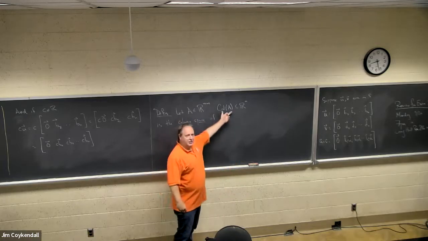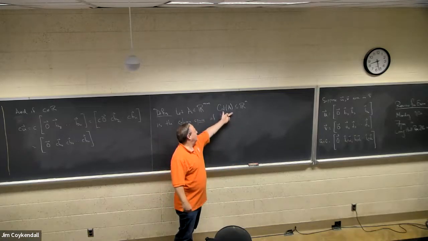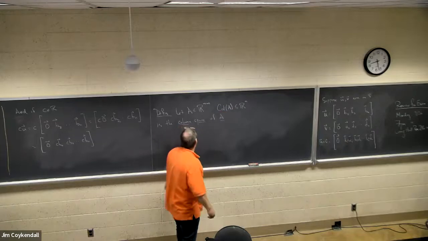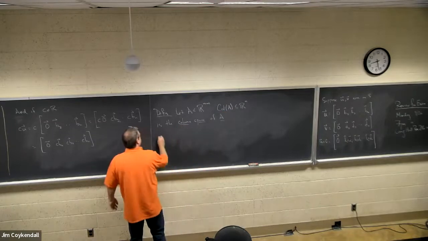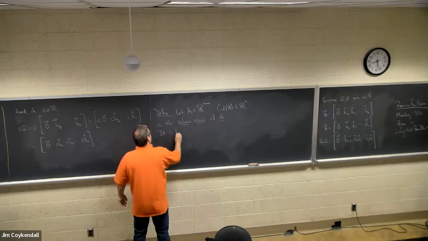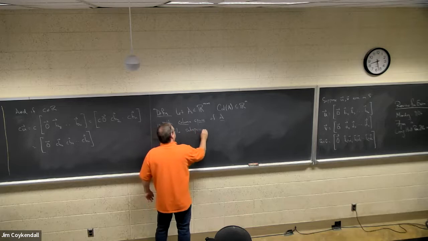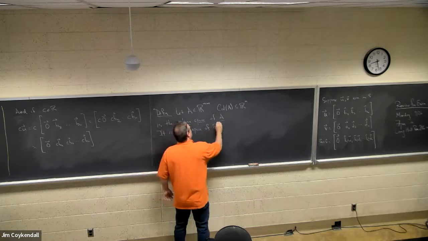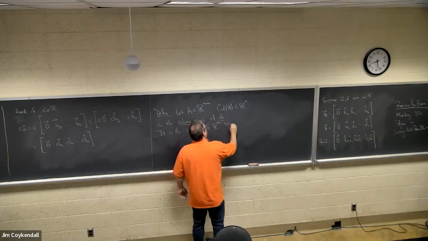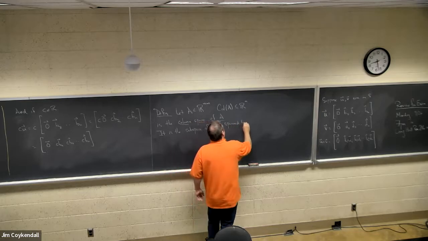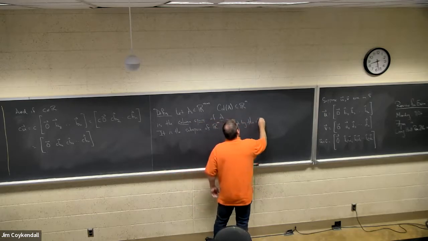So this notation here is called the column space of A, and it is just a subspace of Rm spanned by the columns.